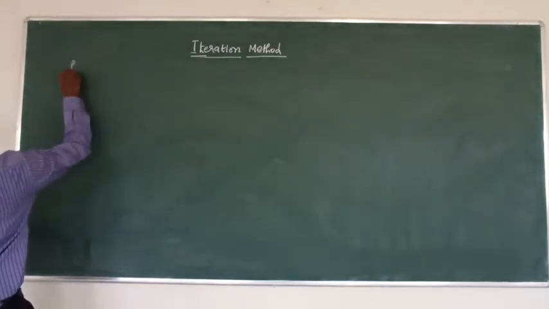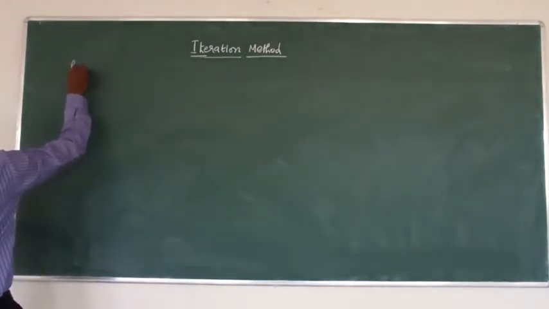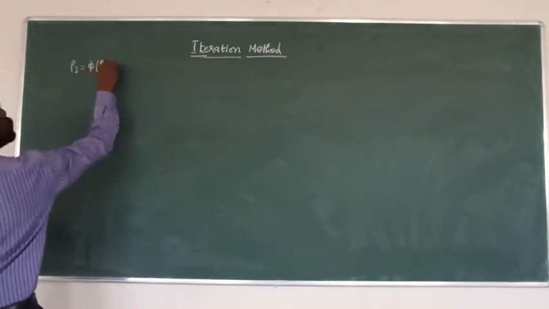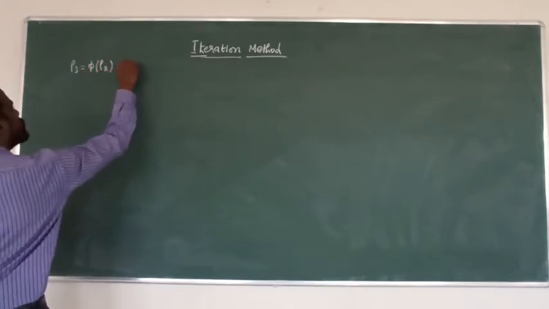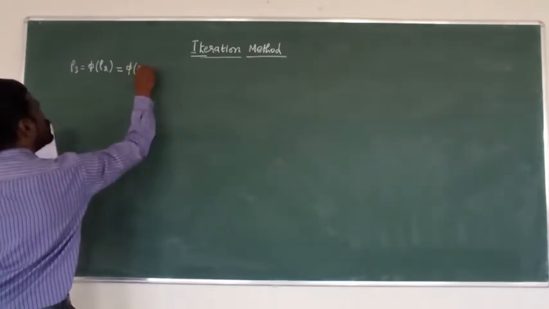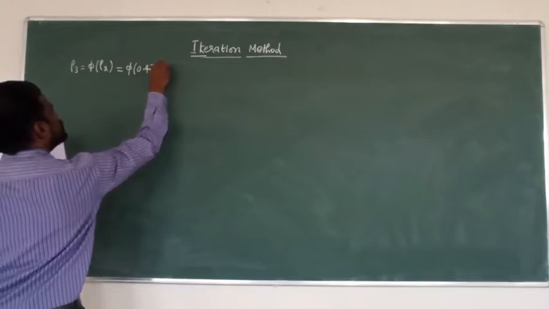Okay, next to find out rho 3 equal to f of rho 2 value, if f of rho 2 value 0.4756.